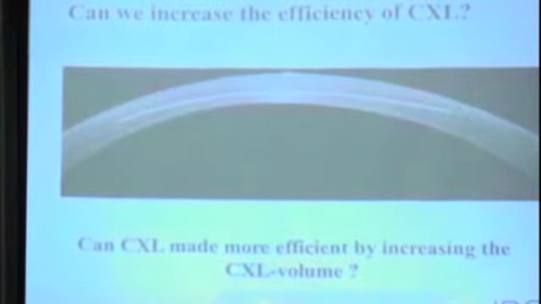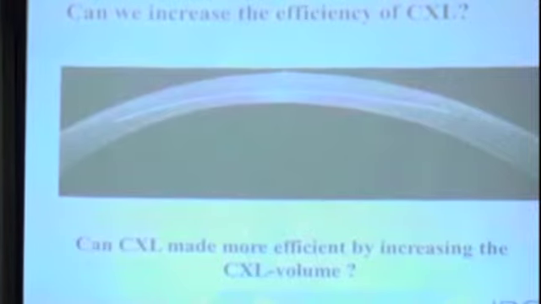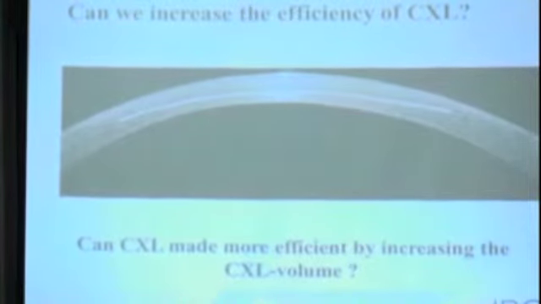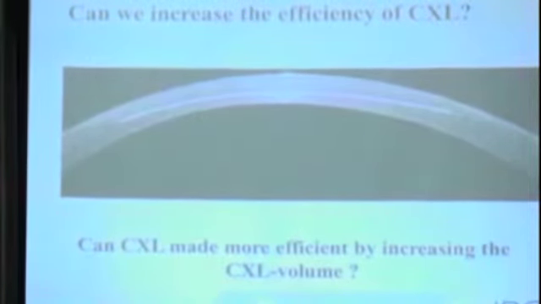There is a difference in the angle at which the UVA is applied: here we are perpendicular to the cornea, and in the periphery we aren't. That's why we cross-link a lower volume of the cornea.